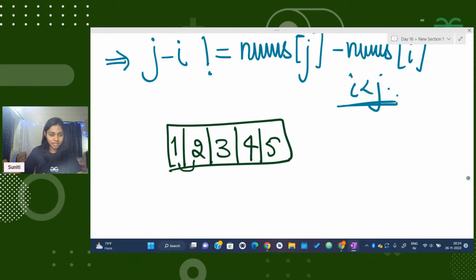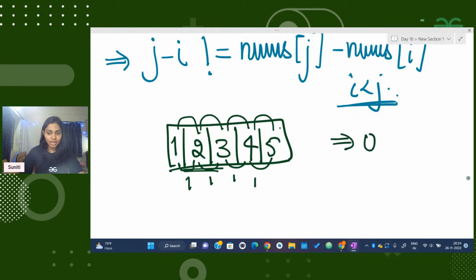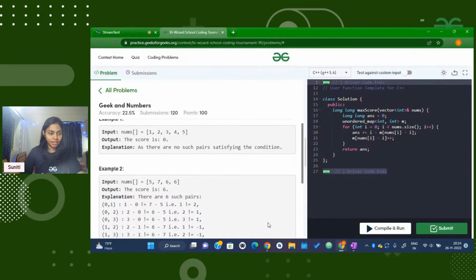The index difference is 1 in all of them, and in all these elements as well, as these are consecutive elements. Whatever the difference of their index values will be, that will be the difference of the elements. Because these are consecutive elements, the score of this array is going to be 0. All right, now let us see what we have next.